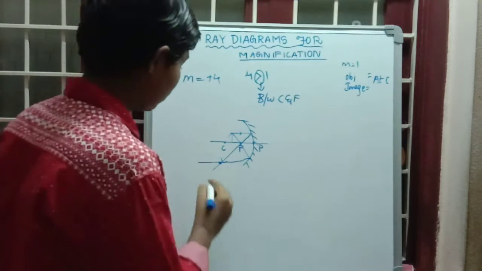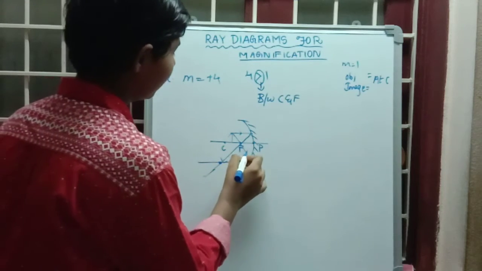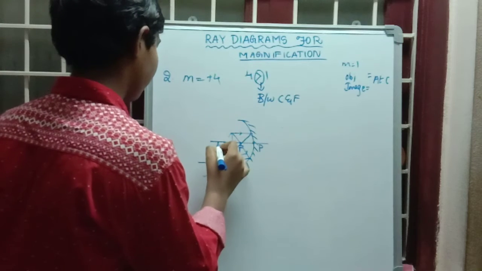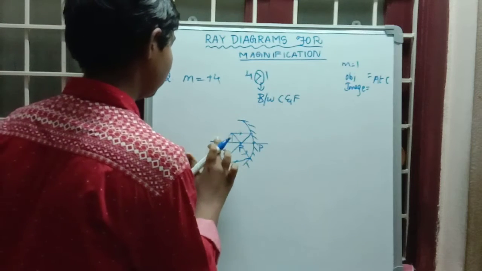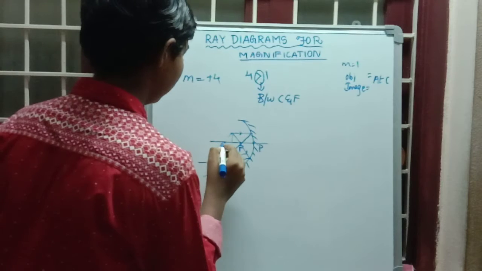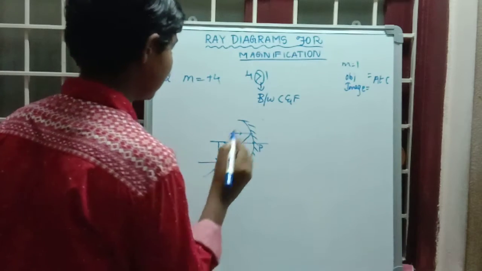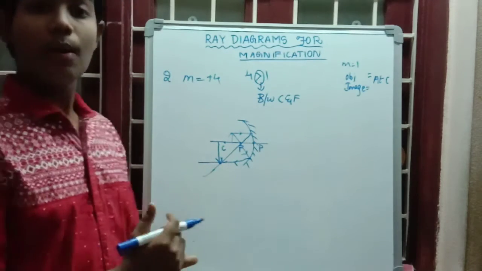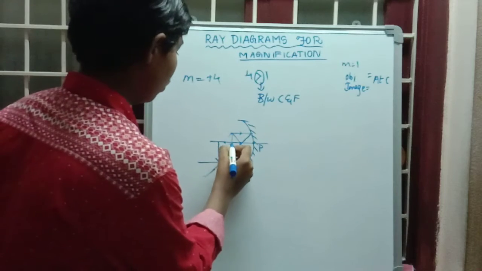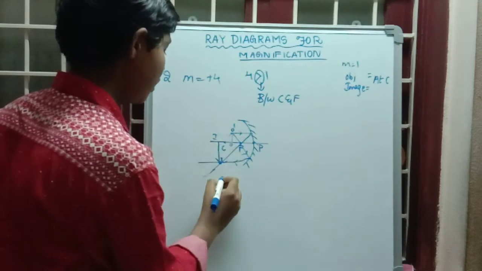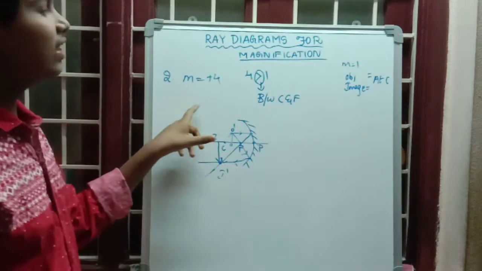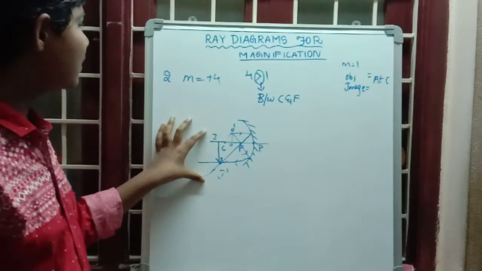Here the intersection of both rays happens. This is the intersection point of the two rays. O dash I dash is the image. So this is the ray diagram for magnification plus 4.